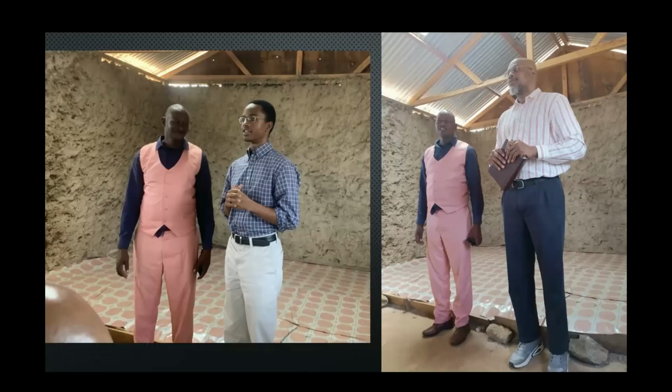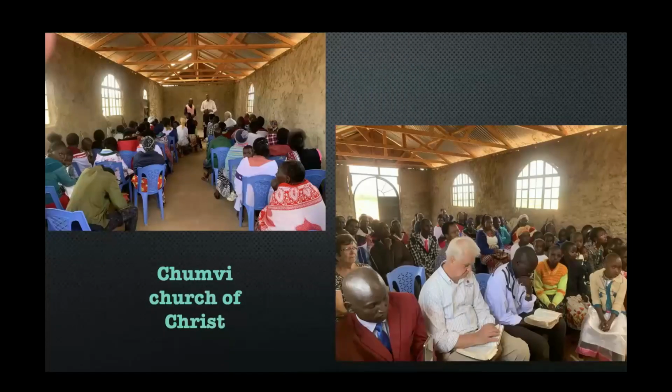I did that as well, and Joseph was our translator, and I preached the sermon that Sunday at the Chumvi Church. These are just photos so you can get some idea. Again, it's a structure with 4 walls, a dirt floor, a door, and some metal paneling up top for the roofing, with natural light, no electricity or anything.